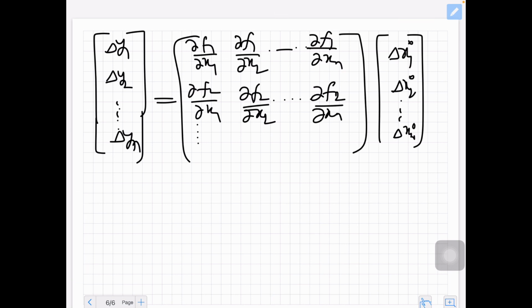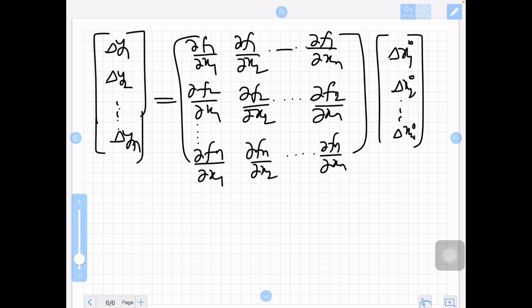The last term similarly we can write dou fn by dou x1, dou fn by dou x2, etc. dou fn by dou xn. So this is in the matrix form.